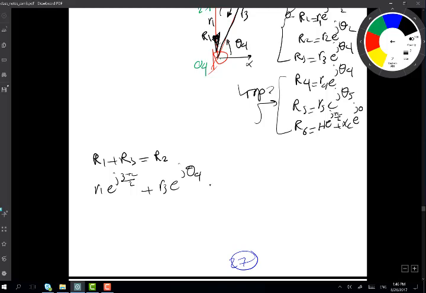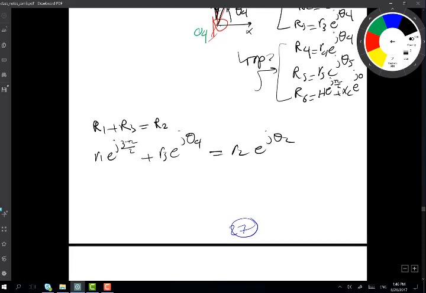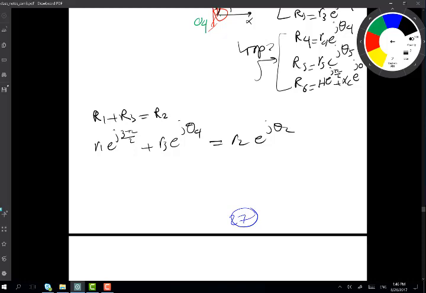And then I have R2 e to j theta 2, and then when I differentiate that to find my velocity equation, I'll get 0 here, plus when I differentiate this, don't forget this will give us two values. You differentiate R3 and it will give me the sliding velocity along 4 and in the direction of 4, and then fixing R3 will give me omega 4 R3, a component perpendicular to link number 4 as we did previously, and then over here I'll have R2 omega 2 e to j theta 2 plus pi over 2.